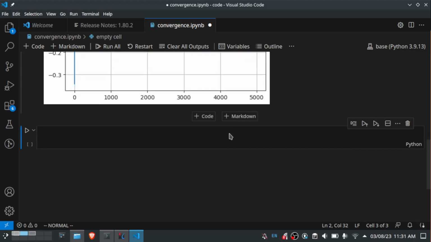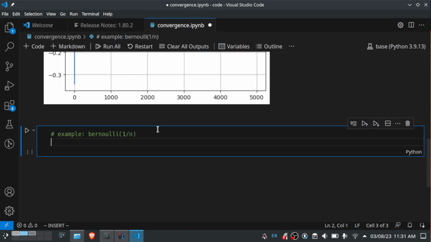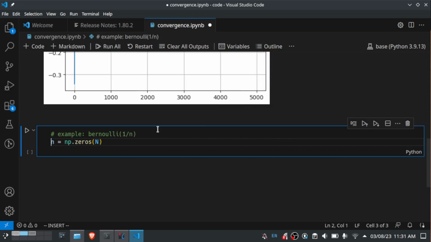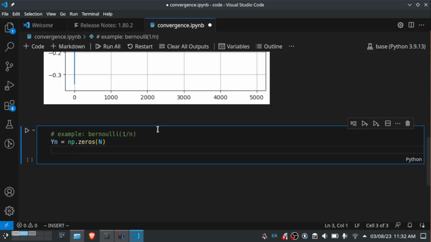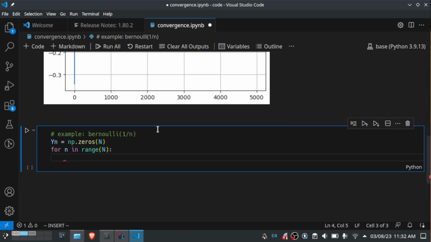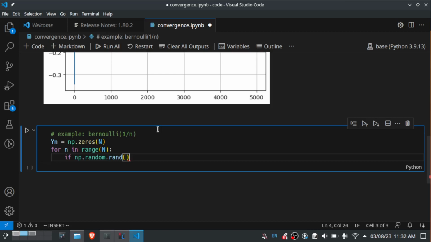Now let's come back to the example that we were working with, which is Bernoulli 1 over n. In this case, let me call this yn. It's, let's say, less than 1 over n.